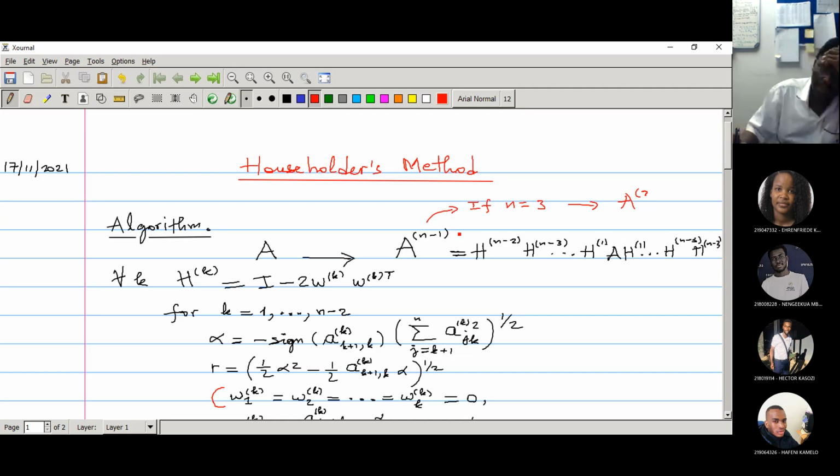Wait. There's something. What we have just computed is A2. This is K plus 1. N minus 1, because now we are computing A3.